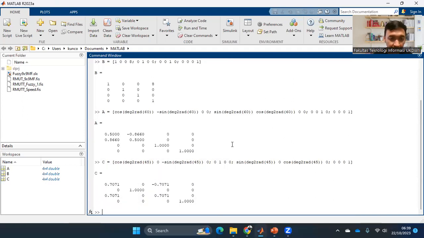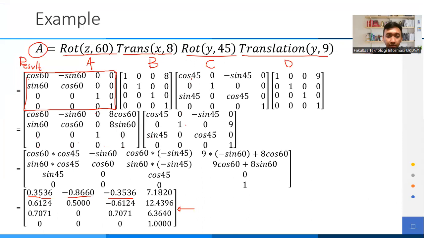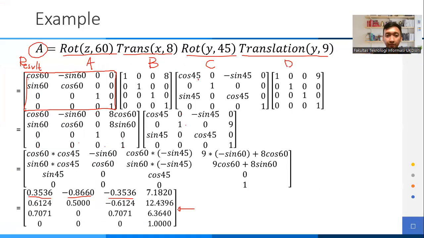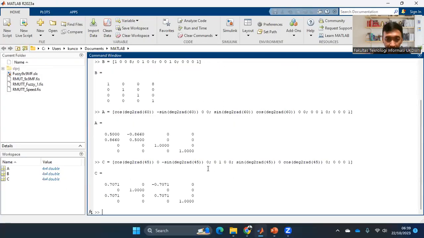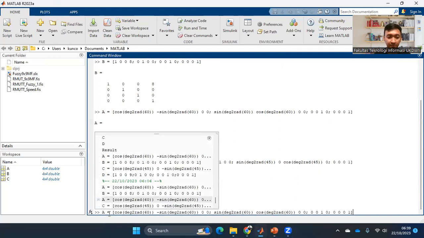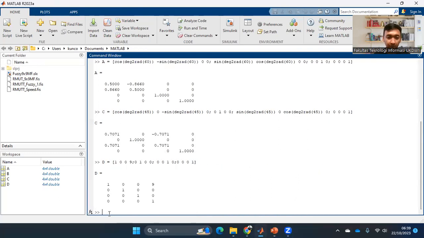In C, this is for C: cos 45, 0, sin 45, 0; 0, 1, 0, 0; minus sin 45, 0, cos 45, 0; 0, 0, 0, 1. And the last is D. For the translation: 1 0 0 9; 0 1 0 0 like this.